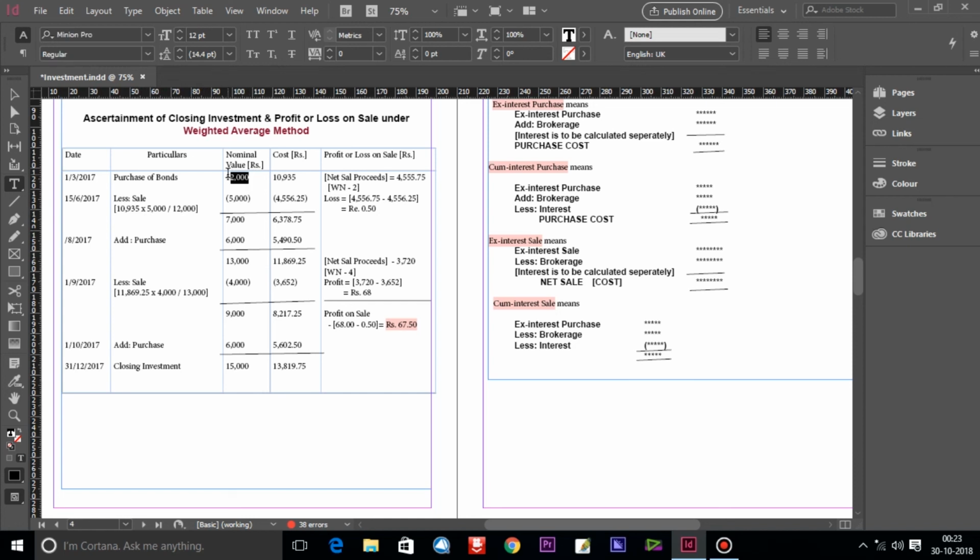Therefore, you are suffering rupee 50 because the sale price of 5,000 bonds was rupees 455.75, but we got this amount under weighted average method. Therefore, we are suffering rupee 50.